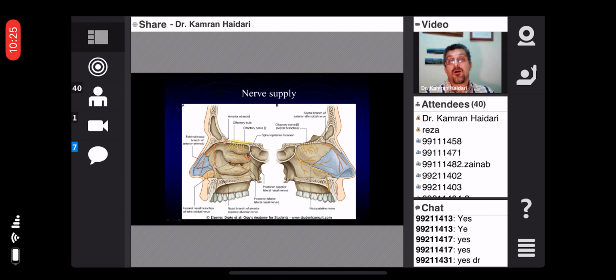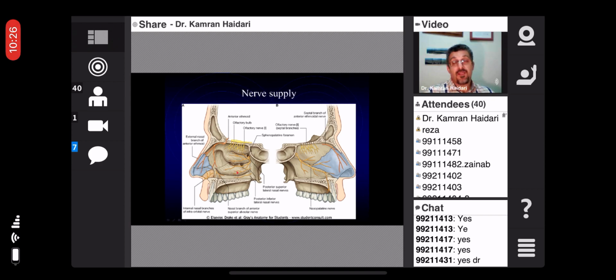They are divided into septal branch and lateral branch. The lateral branch consists of the posterior superior lateral nasal nerves and the posterior inferior lateral nasal nerves. They come actually from the greater palatine or descending palatine nerve.